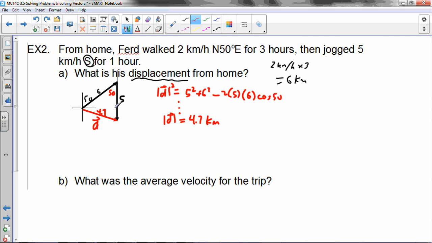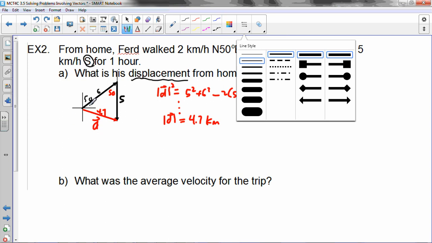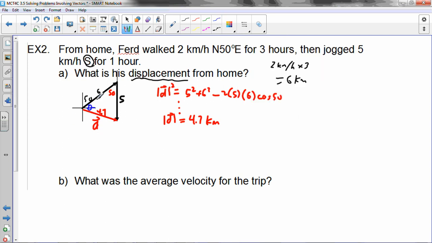Now what direction? Well, I call that theta, then I can sort of use that angle and figure out which bearing I'd like to write it as. Sine theta over 5 is equal to sine 50 over 4.7, and this is all approximate because we rounded our last answer.